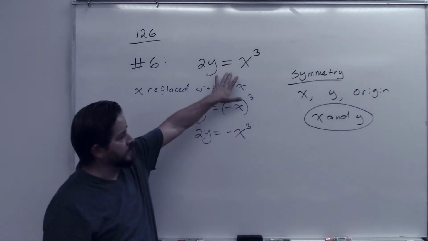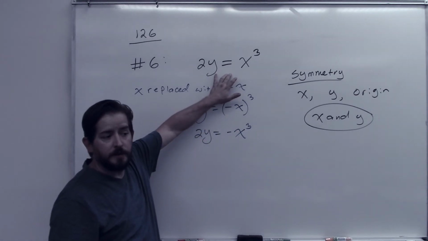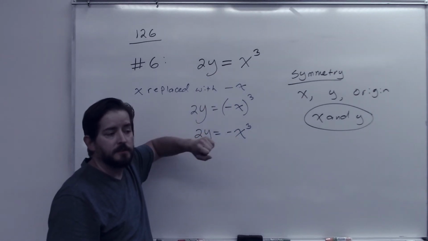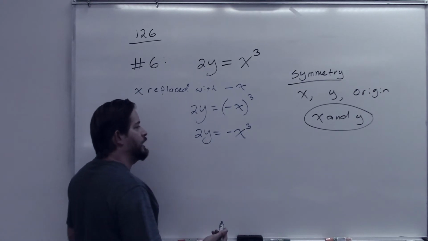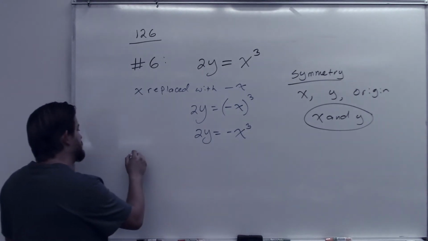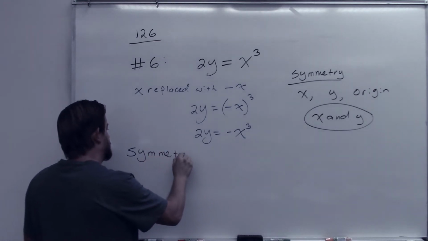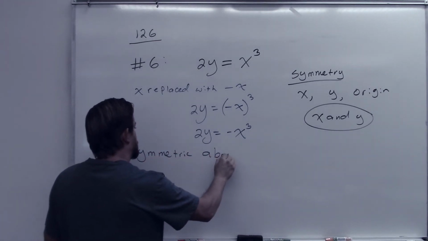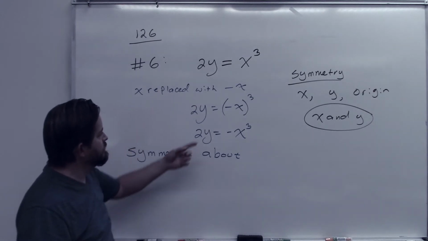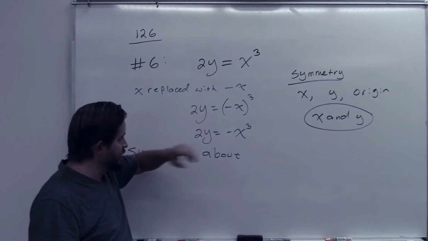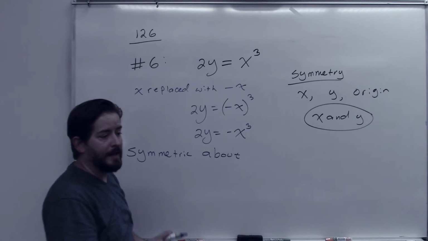And this is the opposite. On the right-hand side of what I started with, I have the opposite function, right? And so since it's the opposite, that tells me that there is symmetry here. And since I plugged in that x and got the negative x, I have symmetry about the y-axis.